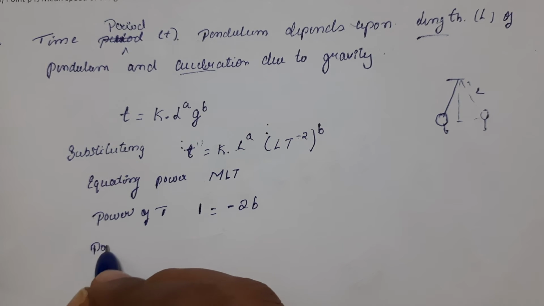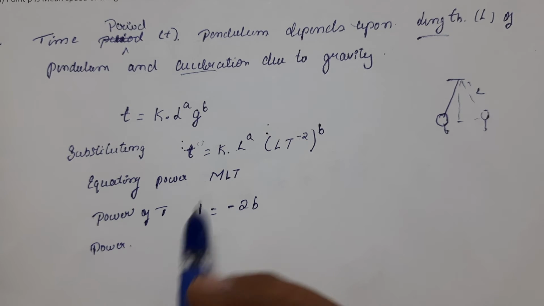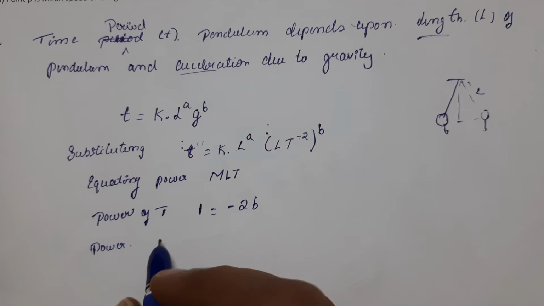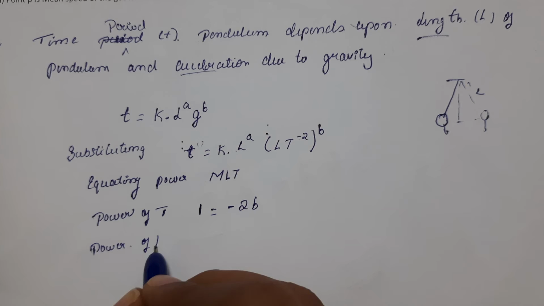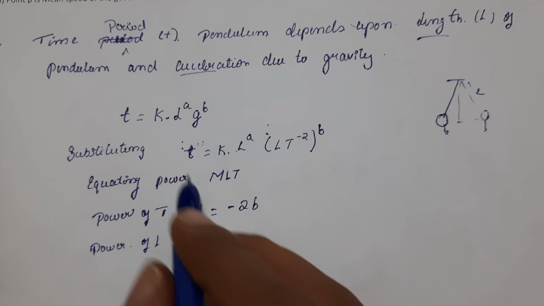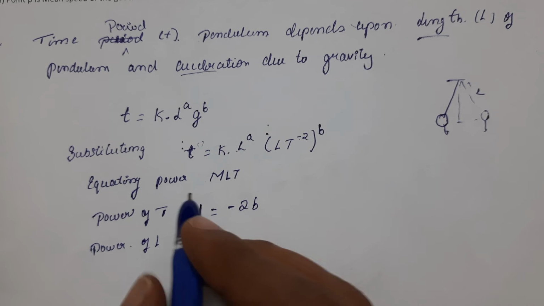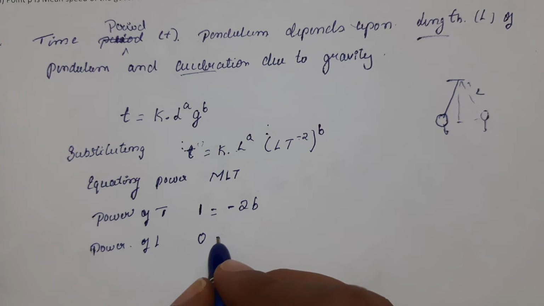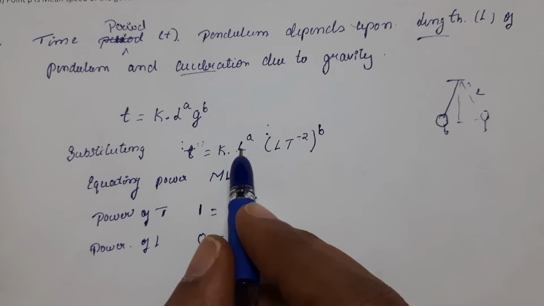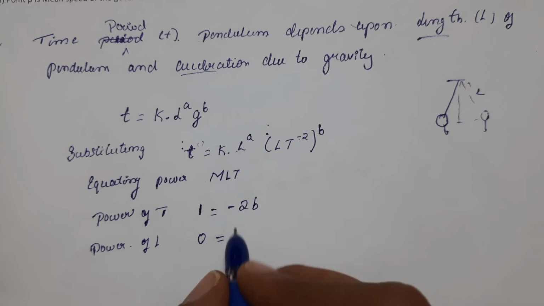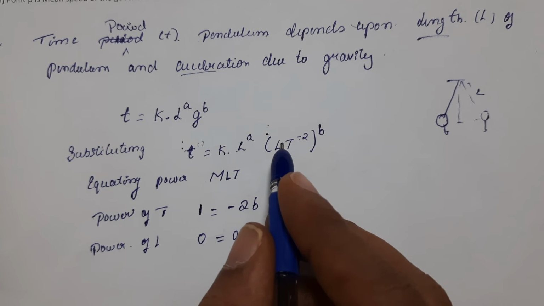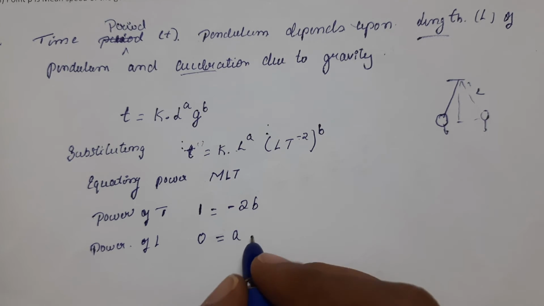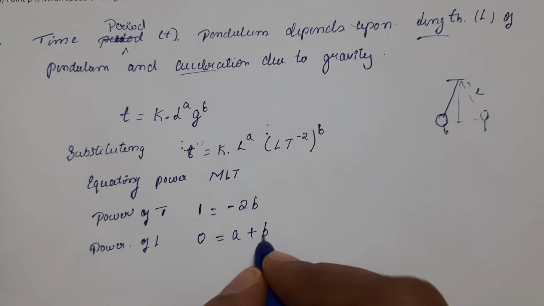Now let us take the power of length L. So on the left hand side it is 0, since there are no terms that depend on L. That is equal to L is over here 1, so you can write the power a plus, over here one more L, so it will be equal to b.